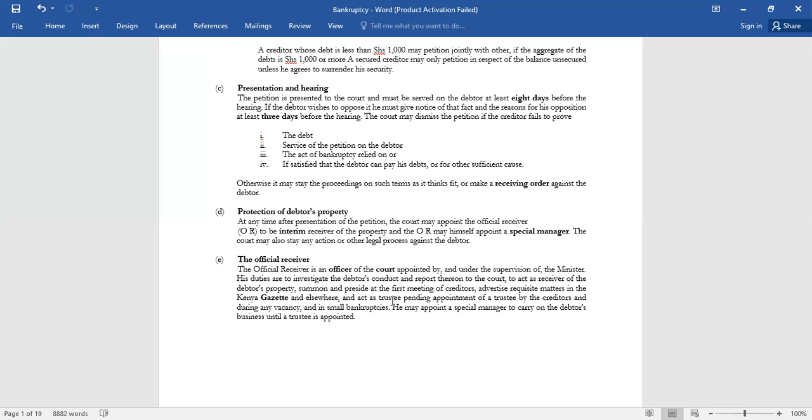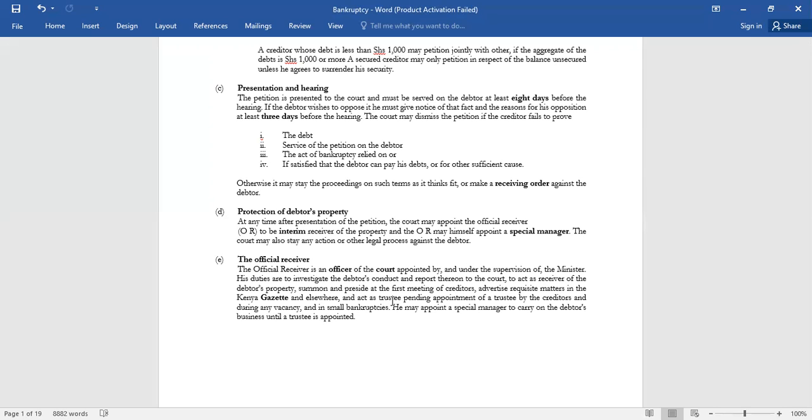So the official receiver is not your servant. He's a servant of the court. So he's been placed there to investigate the debtor's conduct, and they are going to report back. Or they'll be acting solely as receiver of the debtor's property.